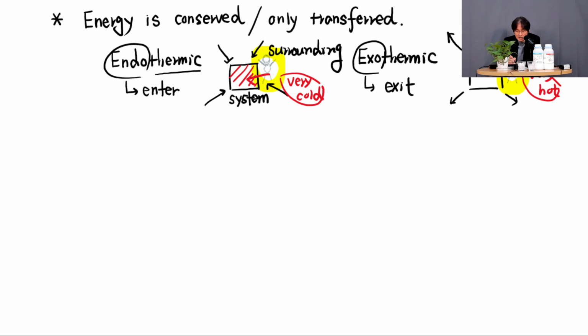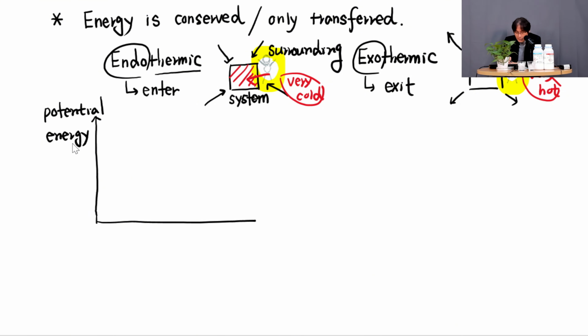Okay, based upon this understanding, let me draw a very important chemical reaction diagram. The y-axis is potential energy, and the x-axis is the reaction.